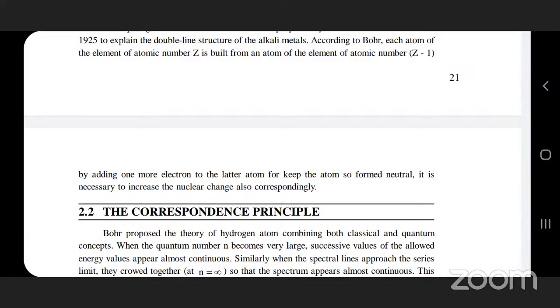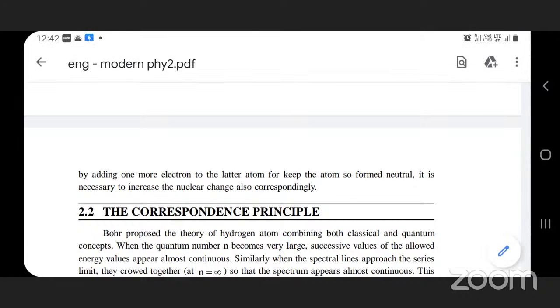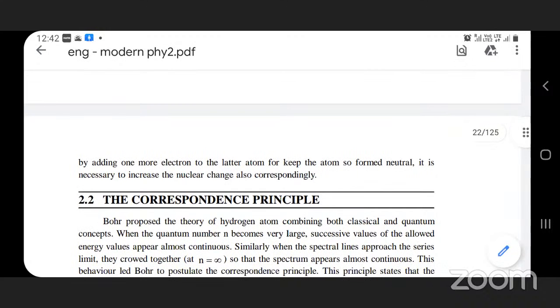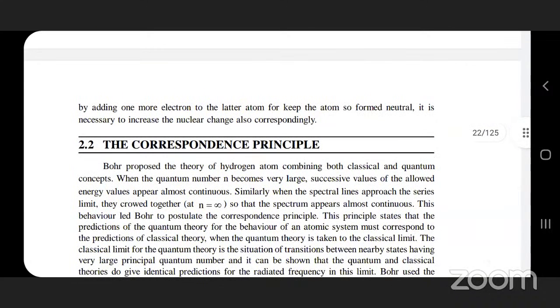So what is the corresponding principle here? Bohr proposed the theory of the hydrogen atom, combining both the classical as well as the quantum concepts. When the quantum number n is very large, successive values of the allowed energy appear almost continuous.